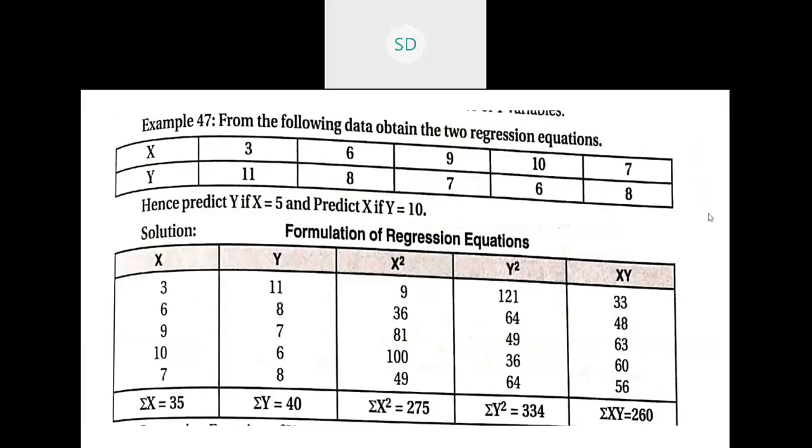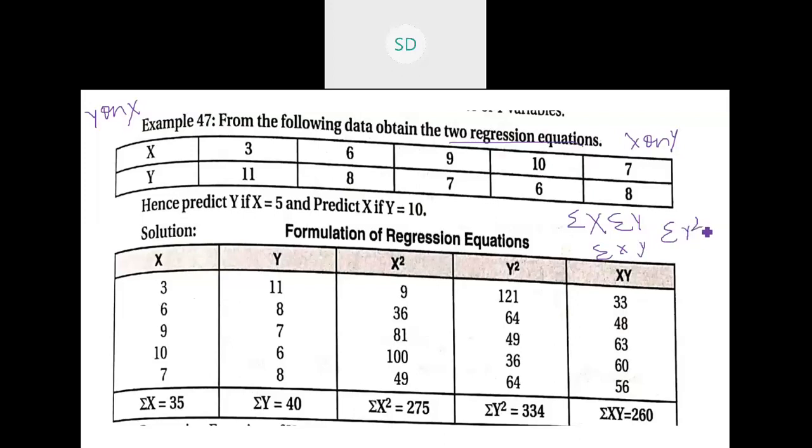Now let us solve the second part of this question, because they have asked for two regression equations. We first solved y on x. Now let us solve x on y. Again for x on y, you require summation x, summation y, summation xy, and summation y square.